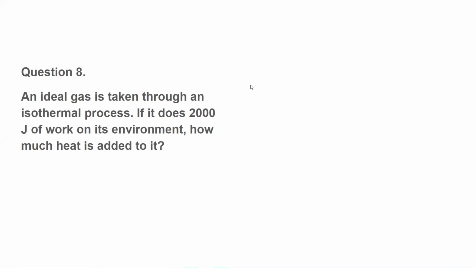This is a theoretical question. Now, here in this question, if it does 2000 joule of work on its environment, it means work is given, which is 2000 joule. But here it is given that an ideal gas is taken through an isothermal process.